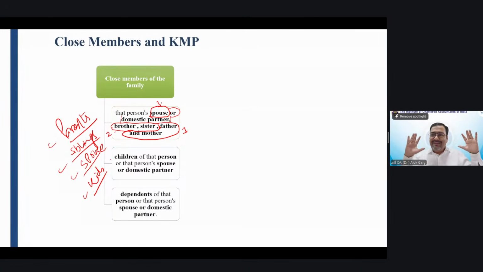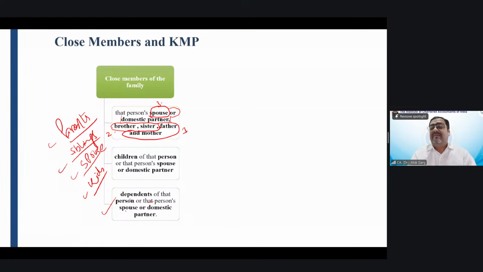Okay, in the normal circumstances, but in Western culture, or even in India, the Western culture has started coming like anything. So person's children, person's spouse's children, and person's domestic partner's children, they all become the close member of the family, right?